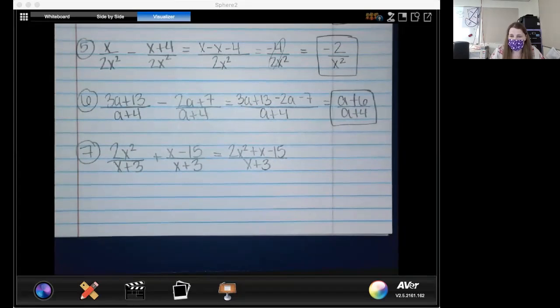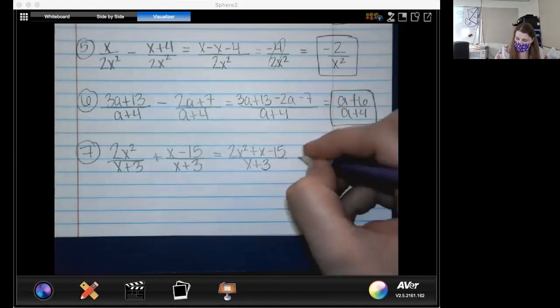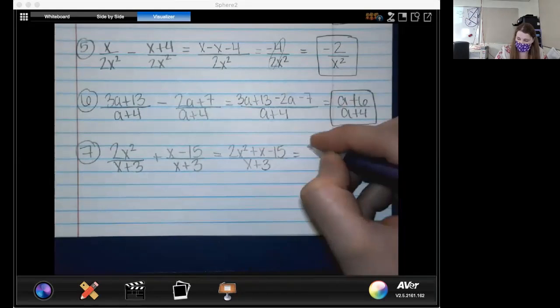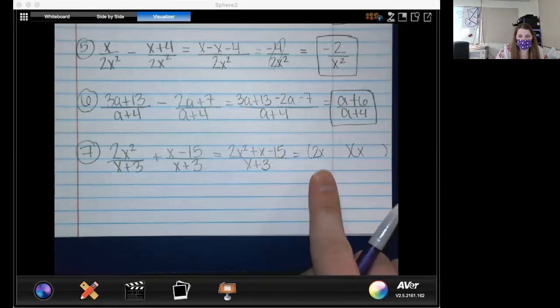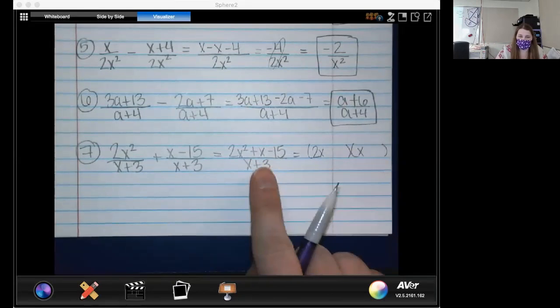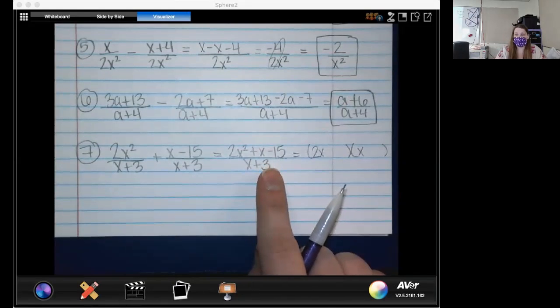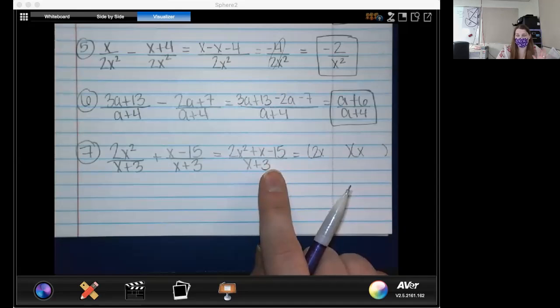Okay, good. We got some more answers in the chat. I do appreciate that. Okay, so in the numerator, we're factoring, and since we're factoring with 2x squared, that means it has to be 2x and x. And we need factors of -15. So factors of -15, 1 and 15, and 3 and 5, depending on positive negatives.